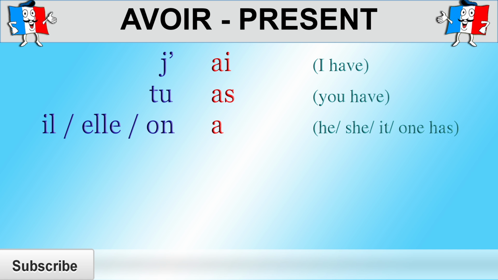On a. On a. Remember that on can also mean we. If you'd like to learn more about subject pronouns, click on the info card that will pop up at the top of your screen. Nous avons. Nous avons. We have.